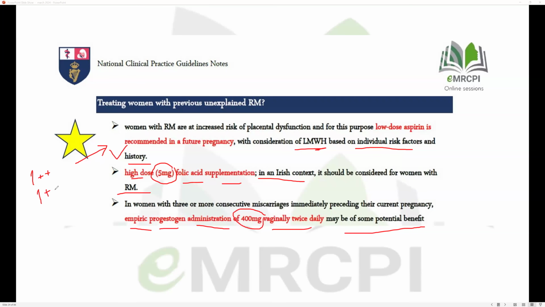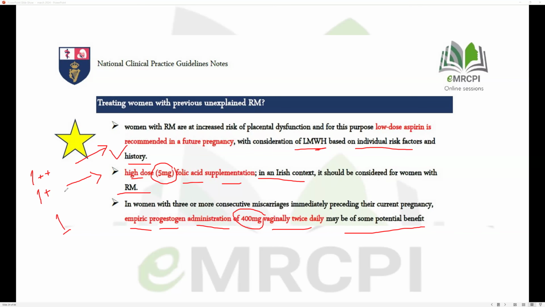I will give consider 1 plus. Folic acid high dose. Remember, it's folic acid high dose. Which one will you give empirically as it may benefit the patient? This is the empiric use of progesterone vaginally, 400 mg twice per day.